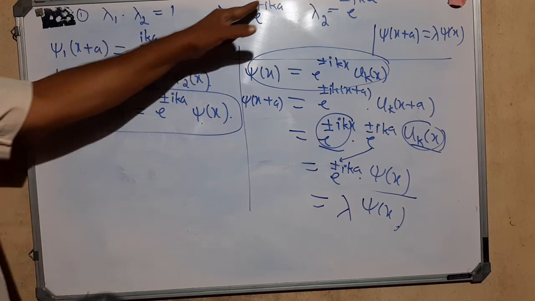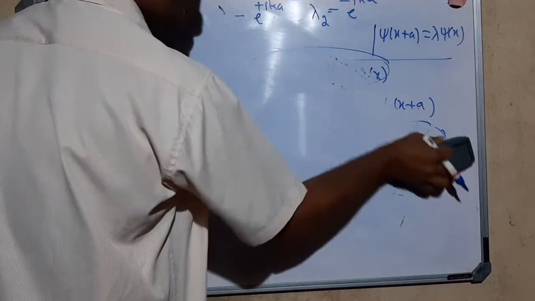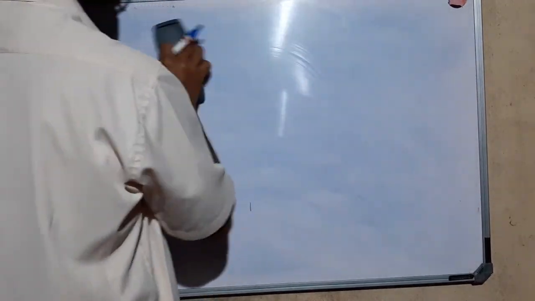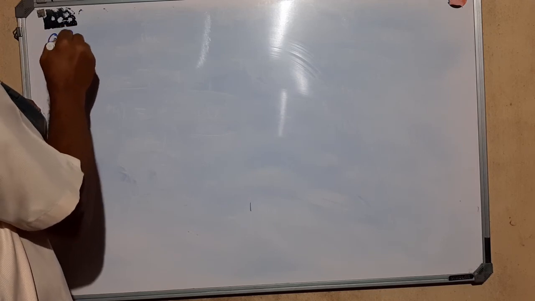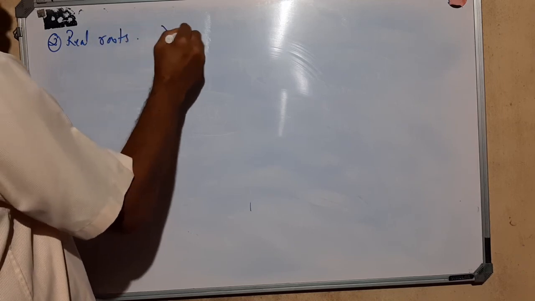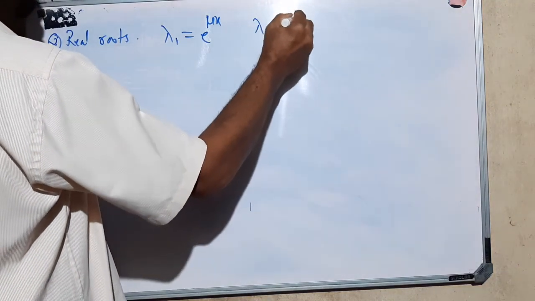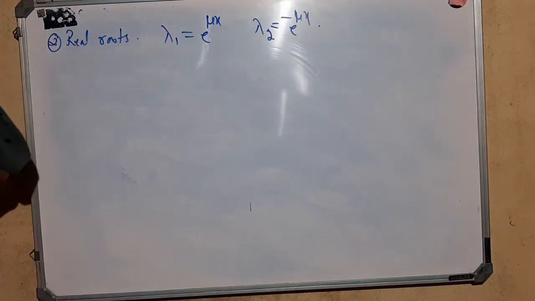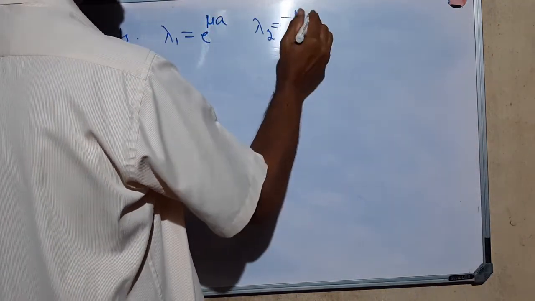This is the first case, where we have considered the imaginary number. Second, consider the constants lambda 1 and lambda 2 to be real. What happens? Let us consider the real roots instead of imaginary. So lambda 1 is equal to e to the power mu a, and lambda 2 is equal to e to the power minus mu a, for periodicity x equal to a.